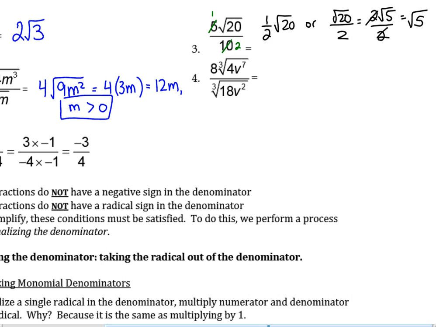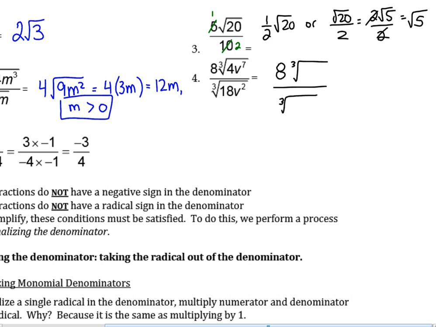Okay, really quickly, let's see what we can simplify here. Coefficients, there's just an 8, so we'll leave that. Inside the cubic roots, what can we simplify here? Like 4 over 18. How could we write that instead? Let's reduce that. What can we divide both of those by? 2.